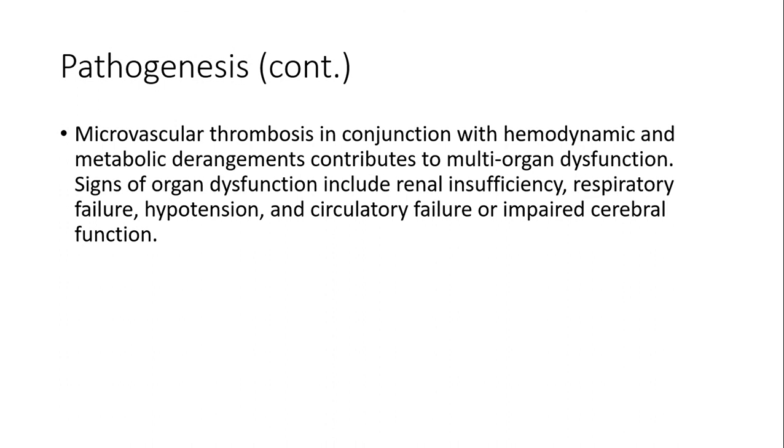Anyway, microvascular thrombosis in conjunction with hemodynamic and metabolic derangement contributes to multi-organ dysfunction. Signs of organ dysfunction include renal insufficiency, respiratory failure, hypotension, circulatory failure, and impaired cerebral function.